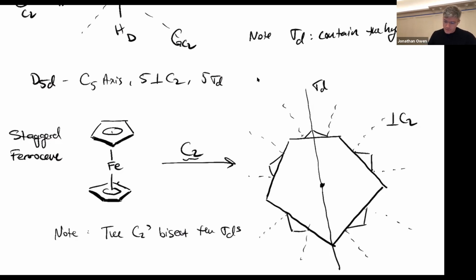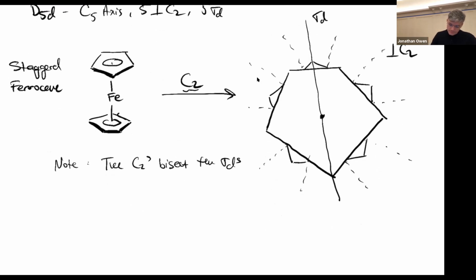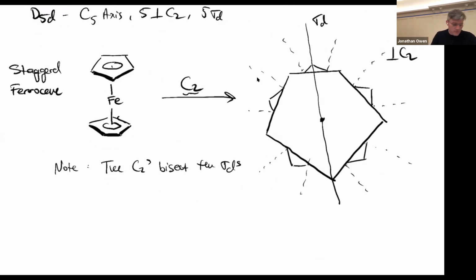Okay, so let's do all the operations. How many operations do we have? So we got an E, we got C5, we got C5 twice, we got C5 3 times, we got C5 4 times.